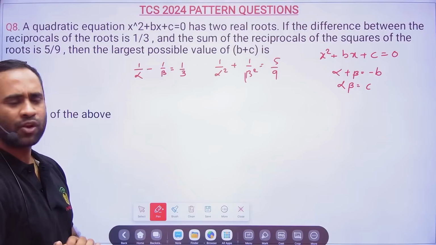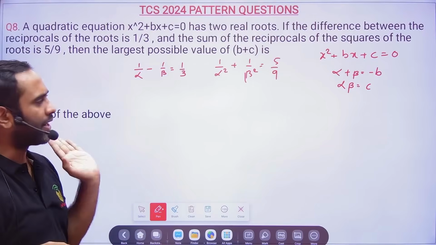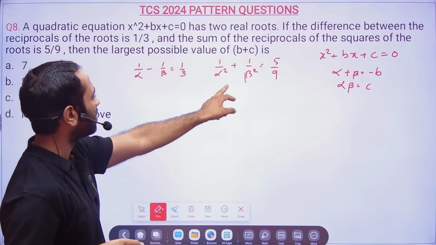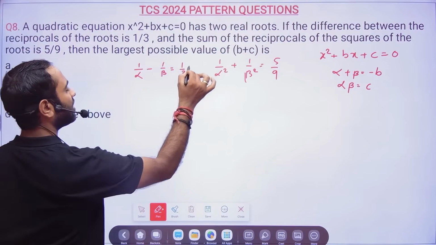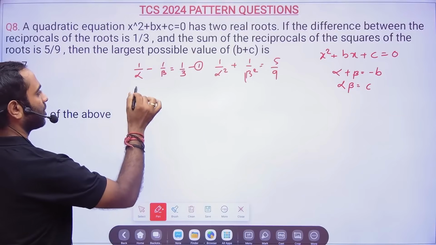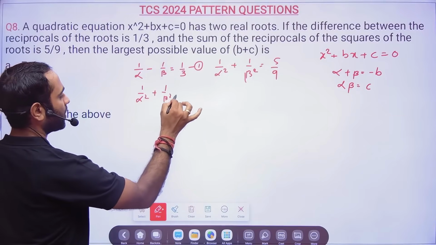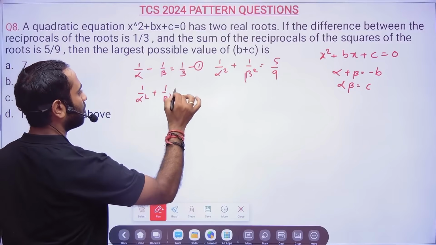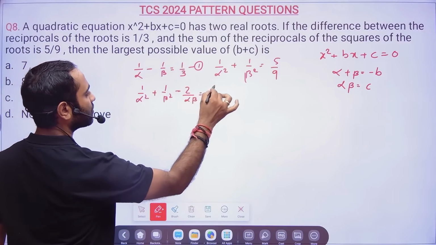In a quadratic equation, whatever things are given, from here only you have to find something. Now you can see 1 by alpha square plus 1 by beta square is equal to 5 by 9. So this particular equation, the first one, you make it a square: 1 by alpha square plus 1 by beta square minus 2 by alpha beta equals 1 by 9.